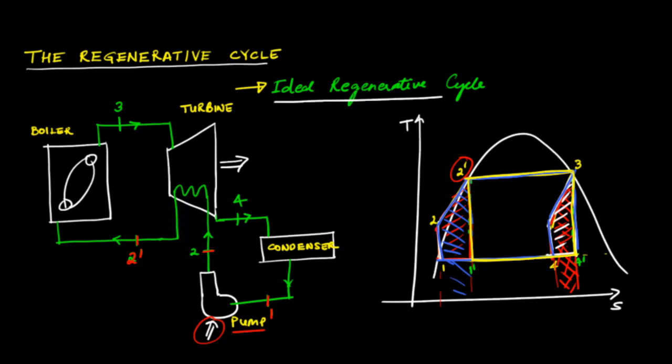But the practical realization of a turbine with heat transfer, such as that shown over here, along with the fact that the quality of the steam exiting the turbine is very low, and therefore the practical realization of such a turbine is not possible.